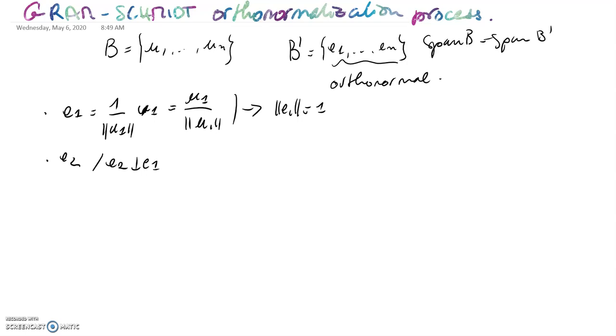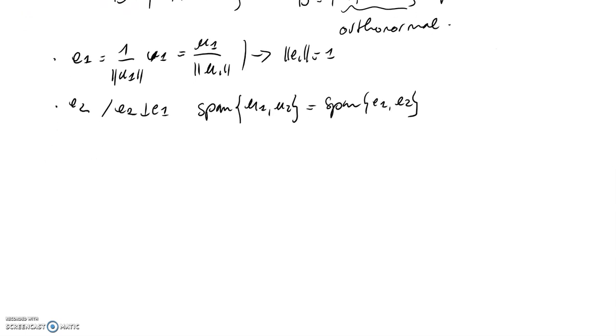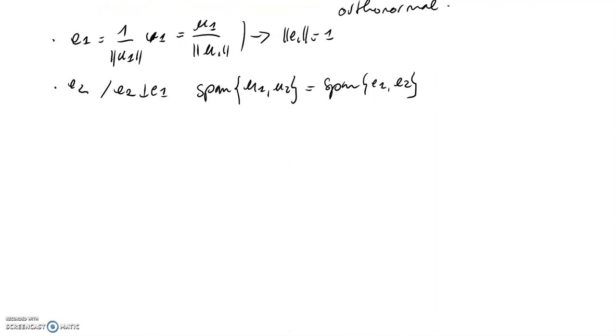And we want that the span of U1 and U2 is actually equal to the span of E1 and E2. Okay, what does that mean? It means that I already know that the span of U1 and E1 are the same. So it means that U2 can be written as a linear combination of E1 and E2.